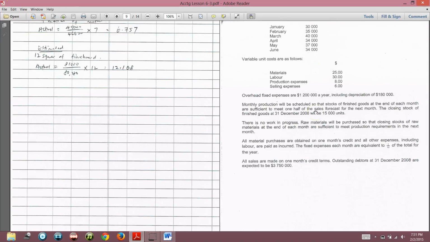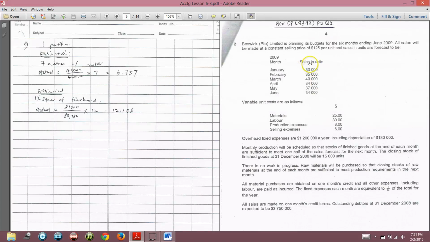Sales in each month are given, and then monthly production will be scheduled so that stock of finished goods at each month end is sufficient to meet one half, not two halves, one half of the sales forecast of the next month.